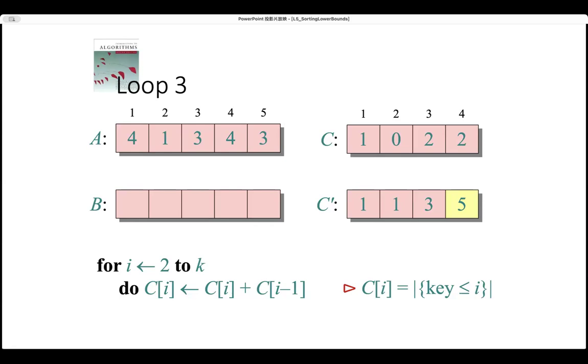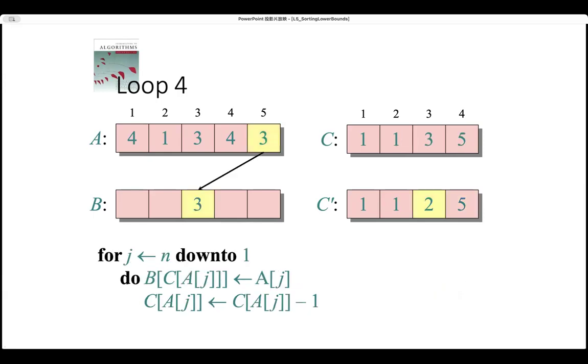Now the fourth loop. What do we do here? We're trying to move the elements from A to B, but now we are doing it in the opposite direction, because j indexes from n to 1.